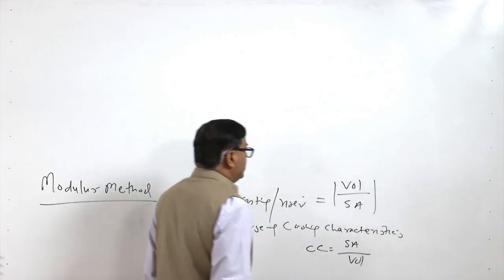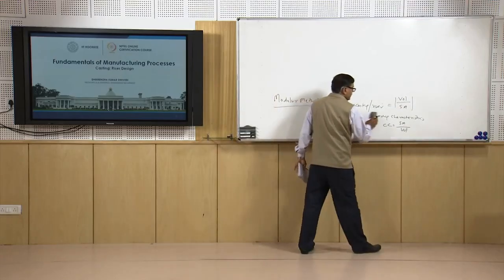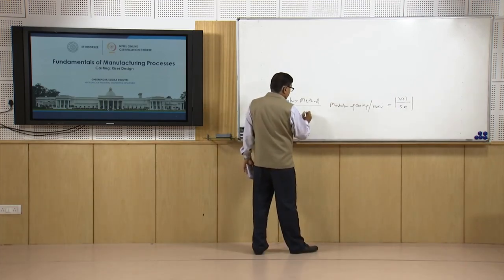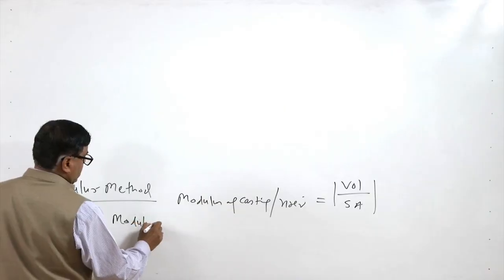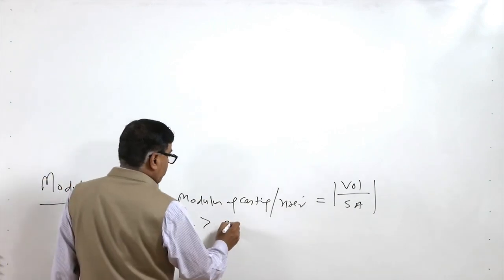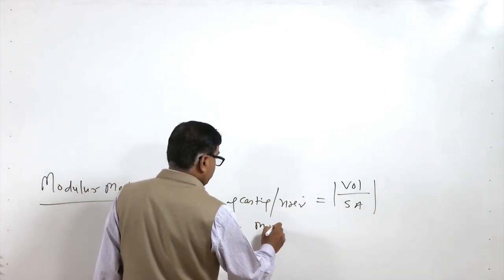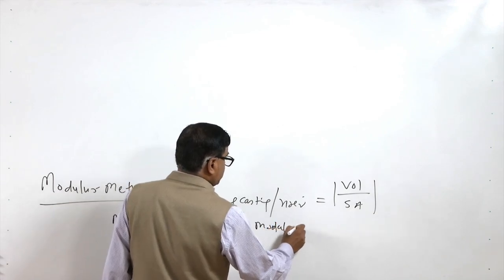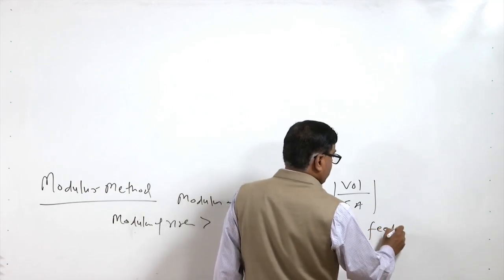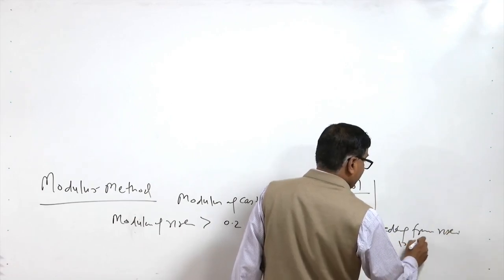So, this ratio is the modulus of the casting. According to this method, if the modulus of the riser is 1.2 times the modulus of the casting, then feeding from the riser is effective.